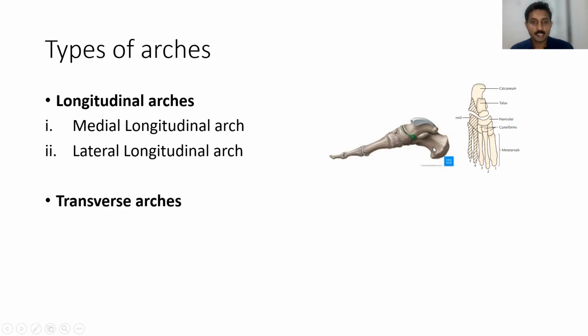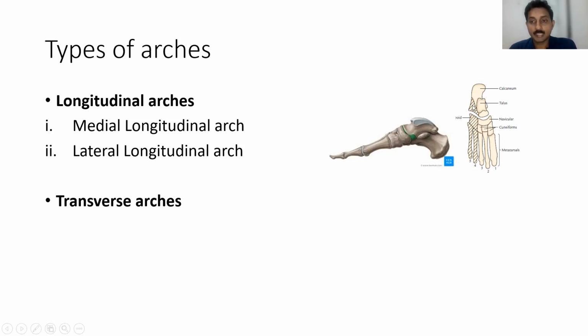Next, what is the other arch? So these are the bones that form the medial longitudinal arch. This shaded part forms the lateral longitudinal arch. We'll see that in the subsequent slides. So in the longitudinal arch, we have two groups: the medial longitudinal arch and the lateral longitudinal arch. This shaded bones, can anyone name this bone?